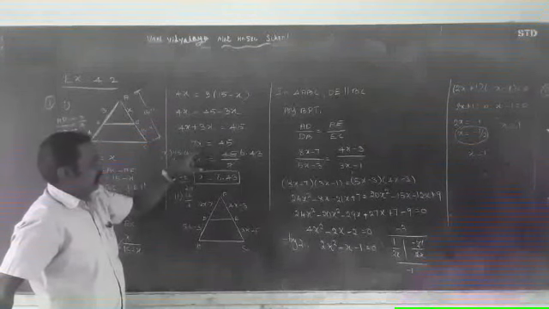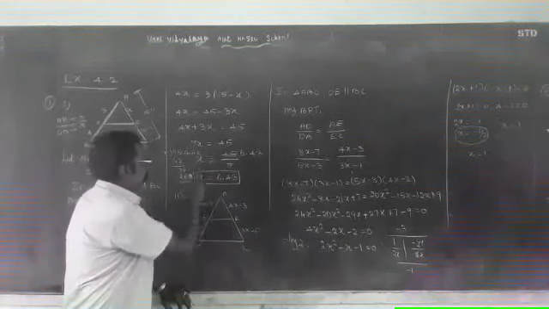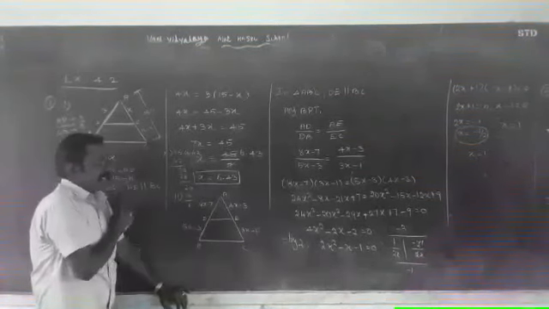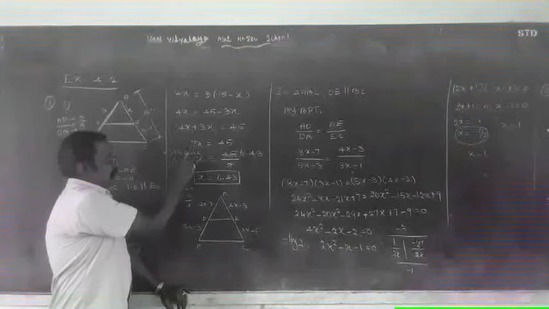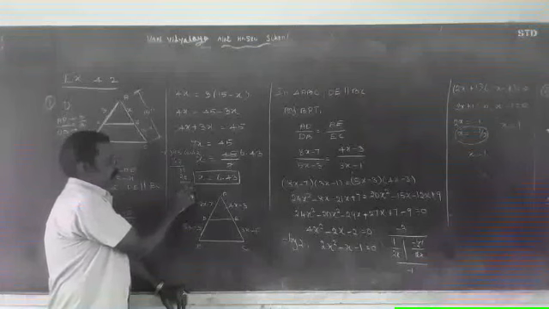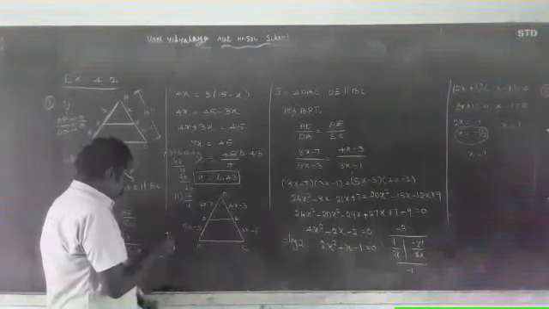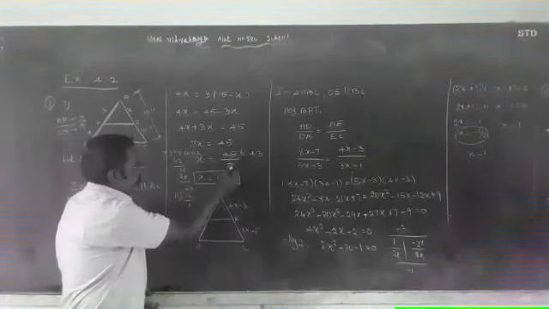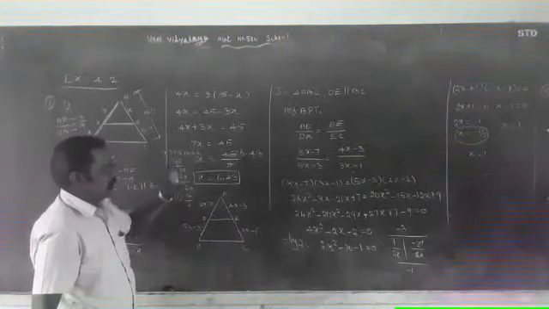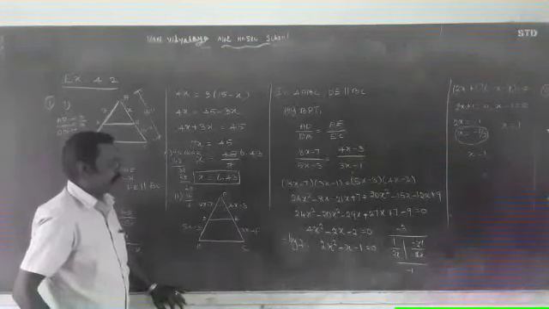X equals 45 by 7. 6 7s are 42, remaining 3, 0. Put the point here. 4 7s are 28, remaining 2, 0. 2 7s are 14. It goes on. So x equals 6.43.